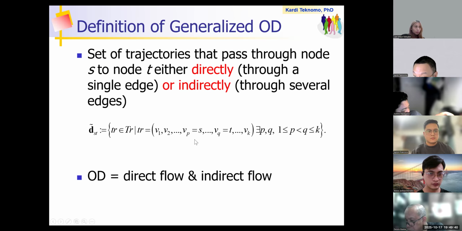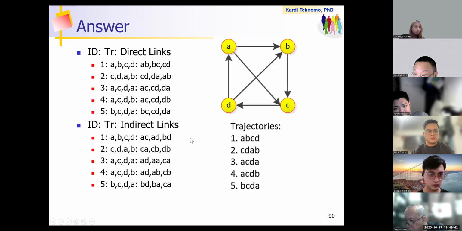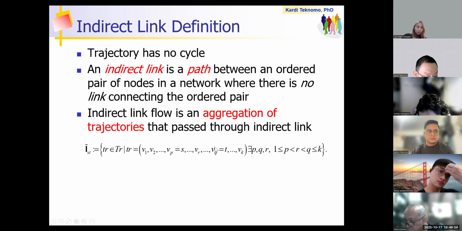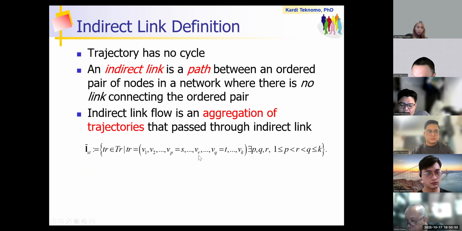So if you look at this, let's compare this with the direct. Indirect links means, can you see this? This is S, not the next one, but up. There is another node here, and then you get the T here. Okay, so this is an indirect link. There is some other node R in between.